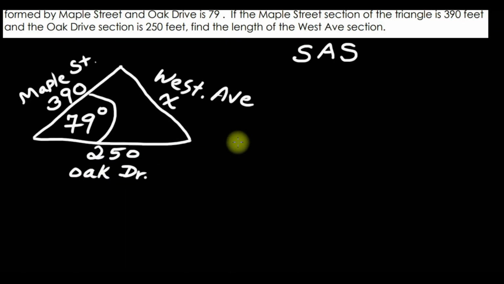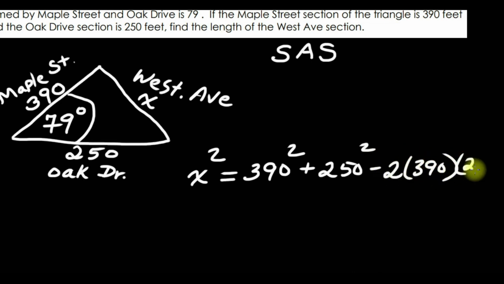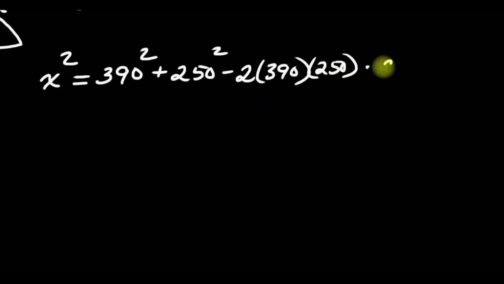So we're looking for West Avenue, so that's going to be x squared equals Maple Street, so that's going to be 390 squared, and then plus Oak Drive, which is 250 squared, take away 2 times 390 times 250, and then times cosine of 79 degrees.